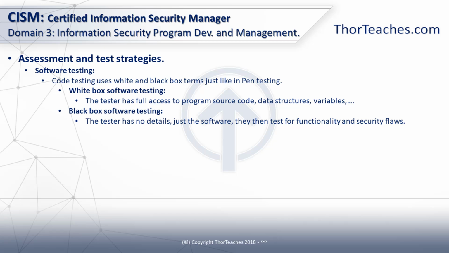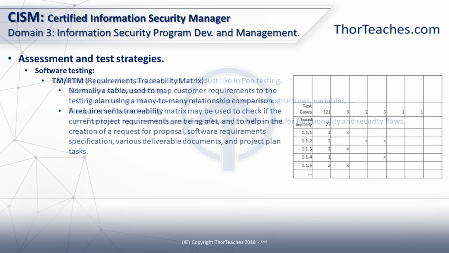They have the software and that's it. They then test the software for the functionality and the security flaws. Remember, in the pen testing, this is where the attacker had full knowledge of an admin, or they had no knowledge about the company other than what was publicly available. See the similarities?